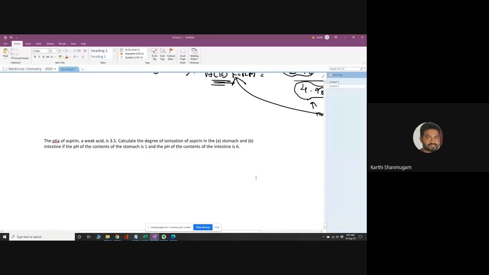So here they have directly given the pH for stomach and intestine. For two cases, if the pH is 1, what will be the percentage of ionization, degree of ionization? If the pH is 6, what will be the degree of ionization? So you have to solve this problem. Is it understandable? Yes, sir.